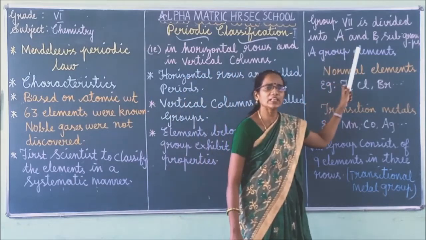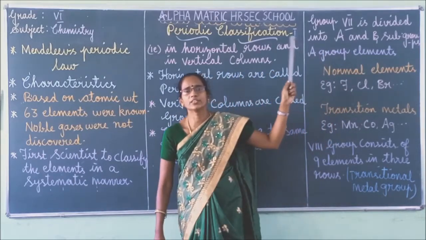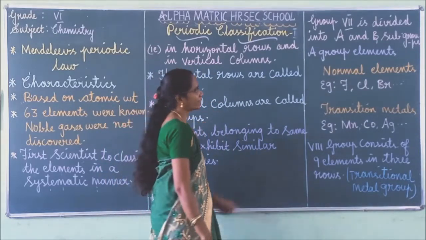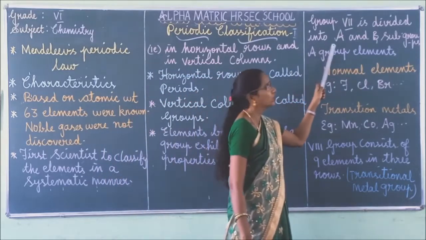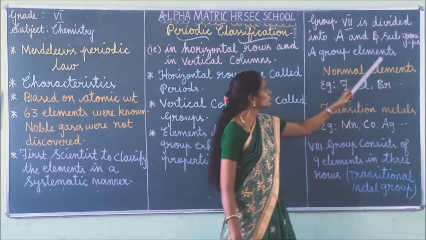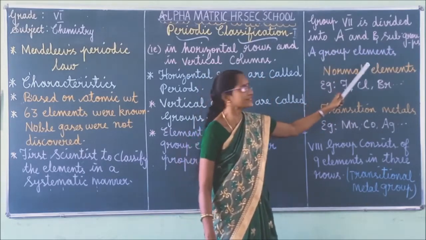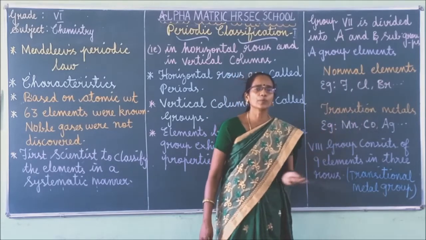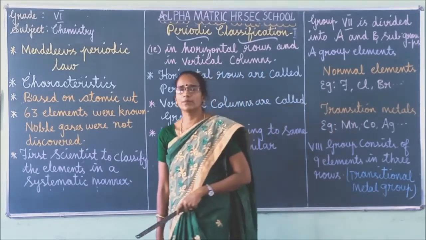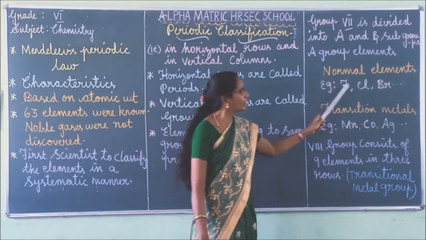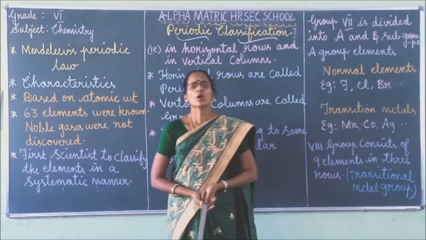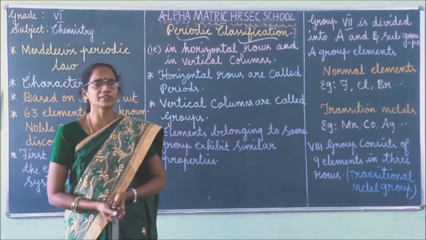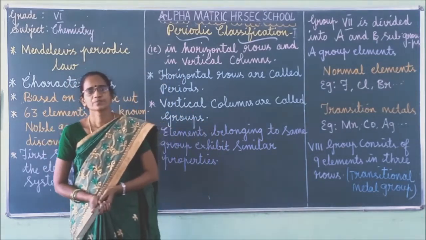Group 7 elements can be segregated into subgroups A and B. The A group elements are called normal elements, for example fluorine, chlorine, bromine. What is meant by normal element? Why are we saying these elements are normal elements?